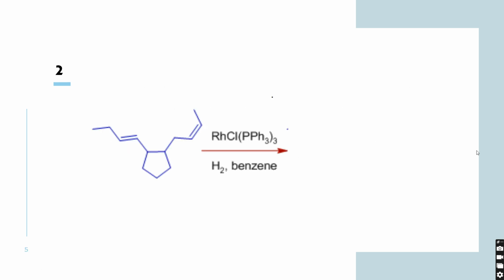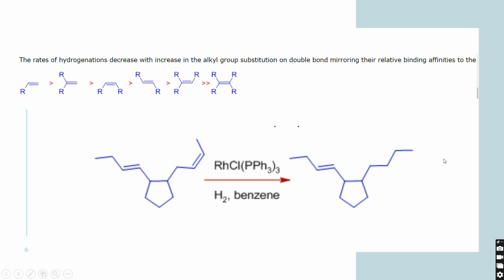So after this, we went to solving these questions from Wilkinson catalyst, and we saw how cis olefins are readily reduced over trans olefins, E-olefins, because of steric reasons and relative binding affinities.